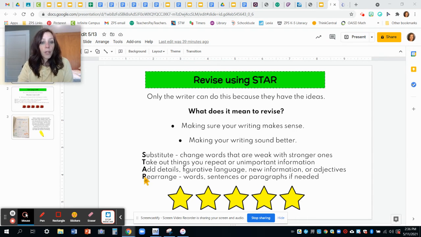You can also use the letter R, and that stands for rearrange. So maybe you need to move some words around, or maybe some sentences need to go in a different order. Possibly a paragraph needs to go in a different order, right? That might be more important if you are not showing the order of the events that are happening. The sequence is off. Maybe you need to show something before one of your paragraphs.